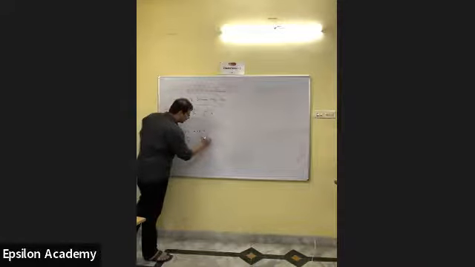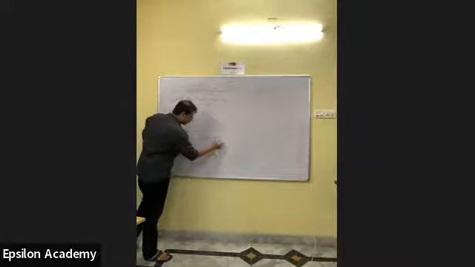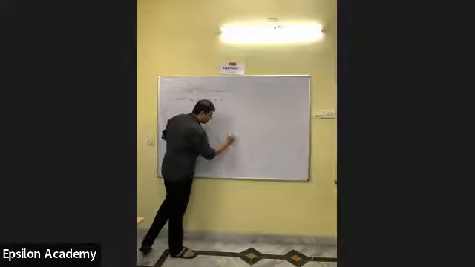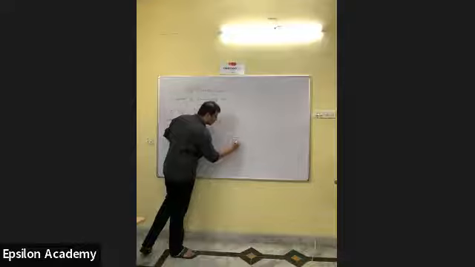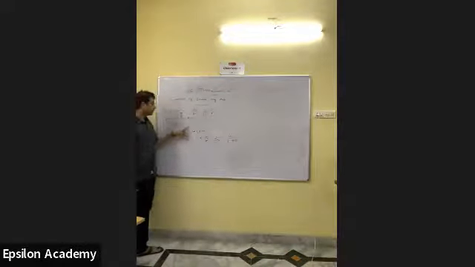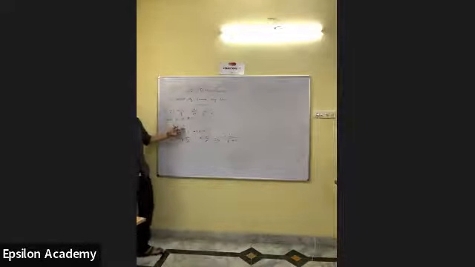From this, what is dy by dx? 1 by cos y. But what is cos y? Can you write it as root of 1 minus sin square y? But what is sin y? Sin y is x.